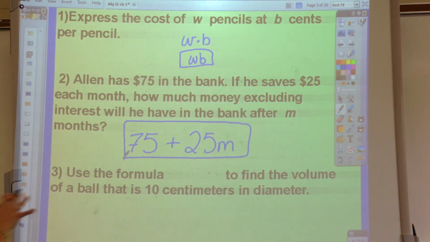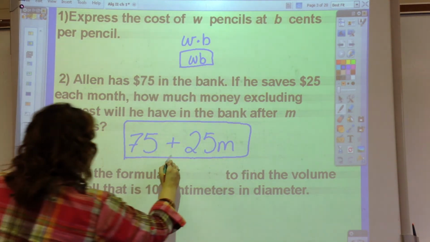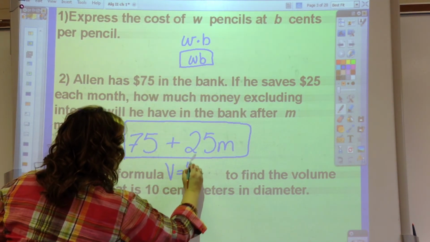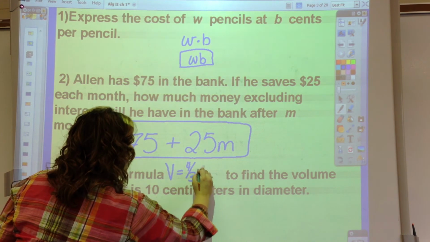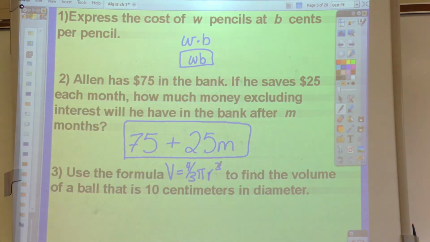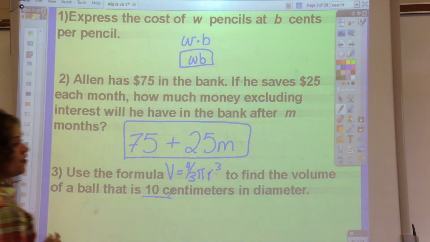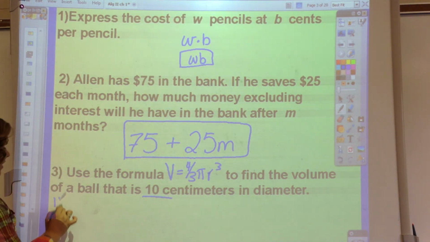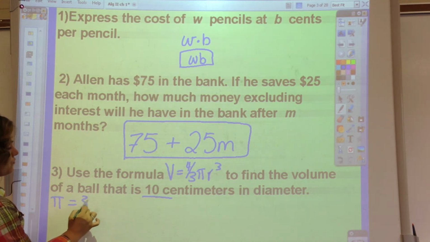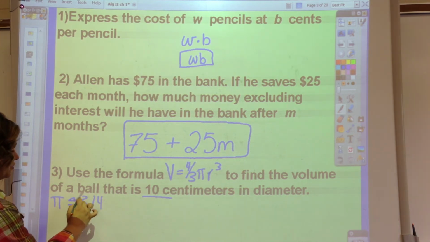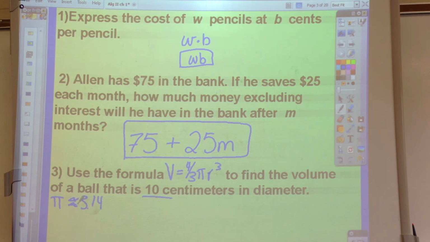Now let's look at the number 3, and the formula for the volume of a sphere is 4/3 pi r cubed. And if we're going to use that to find the volume of a ball that's 10 centimeters in diameter, first of all, we're going to need to be able to recognize that pi is approximately, I should probably use those squiggle symbols, 3.14.